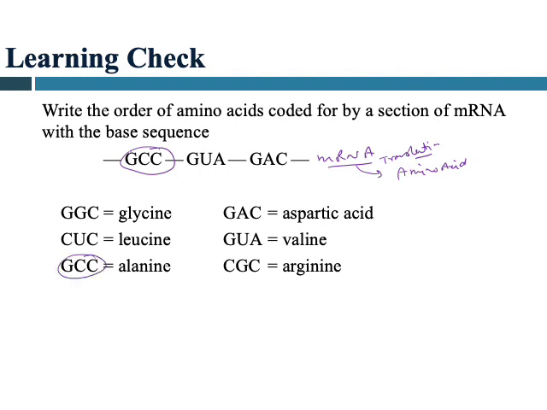This is GCC, that means the first one is alanine, then you have GUA, which is valine, then you have GAC, which is aspartic acid. So this mRNA sequence codes for a protein that has the amino acid sequence of alanine, valine and aspartic acid, from N terminal to C terminal, right?